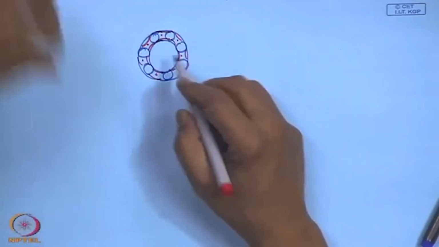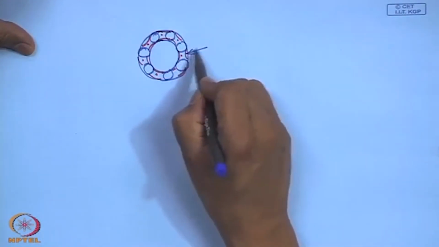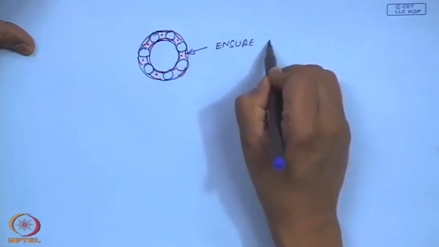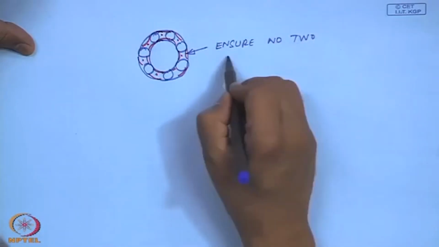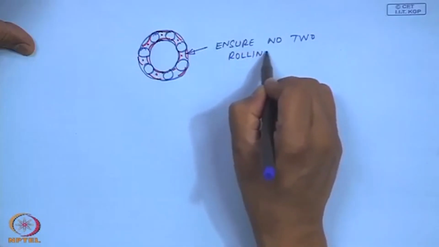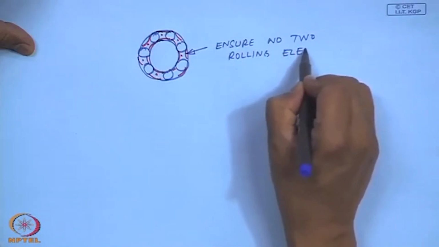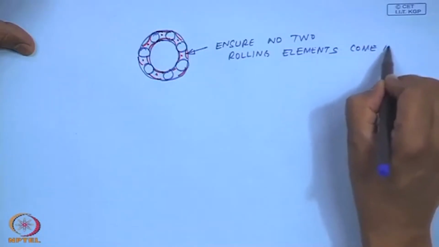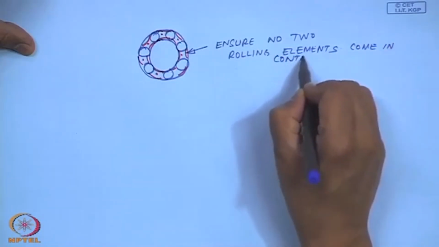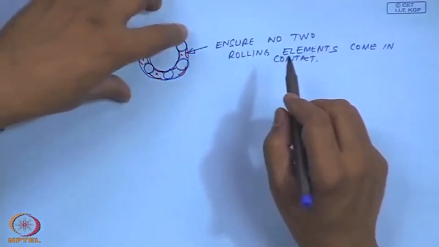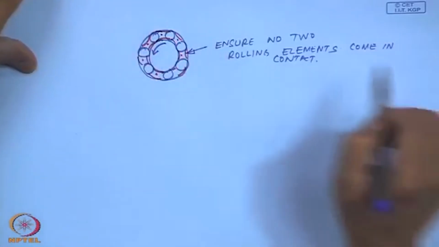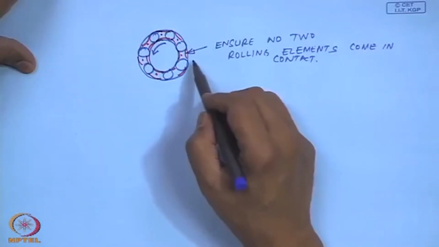However, they are free to rotate, but the purpose of the retainer is to ensure no two rolling elements come in contact. Okay. But then they are loosely rotating. If the shaft is rotating, they will be spinning at their frequencies, and we will come to each other.